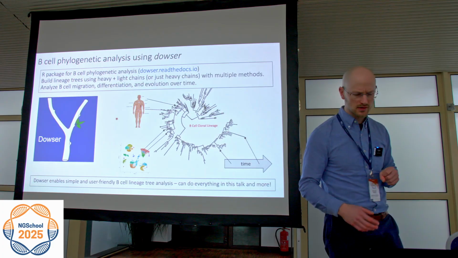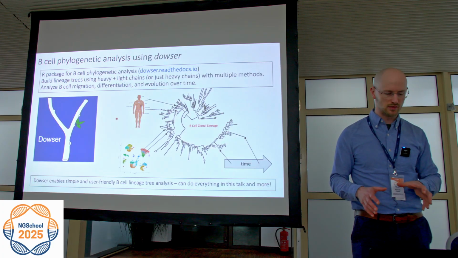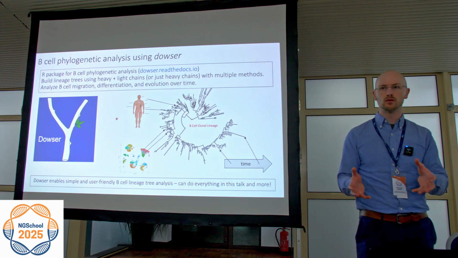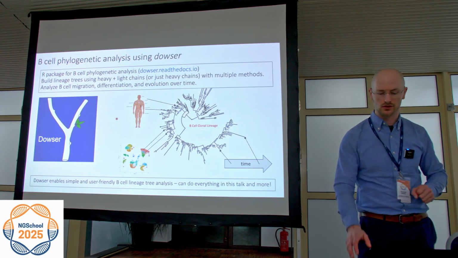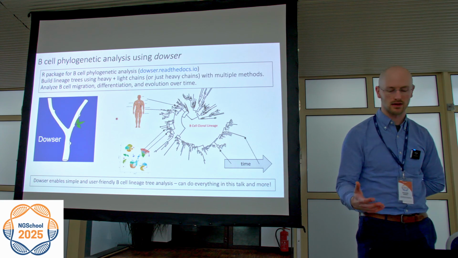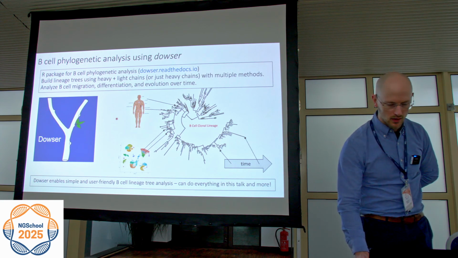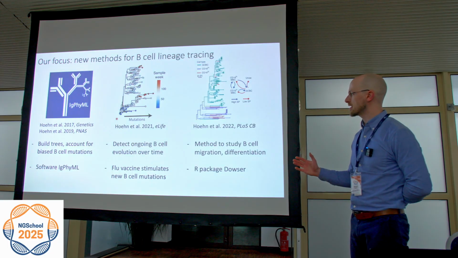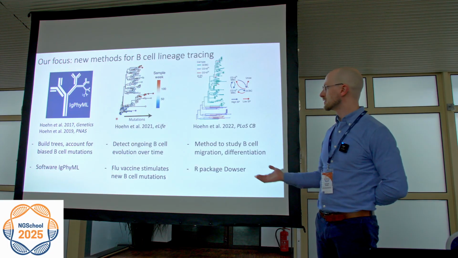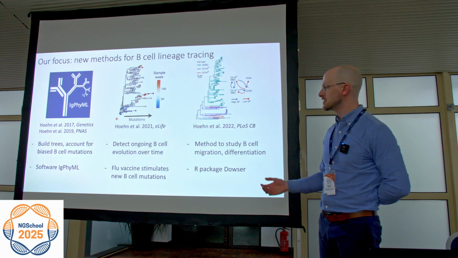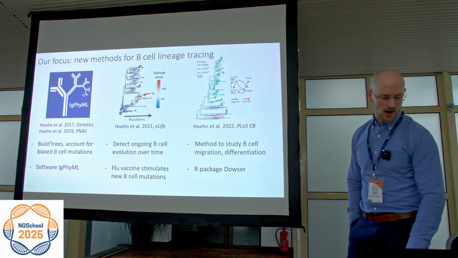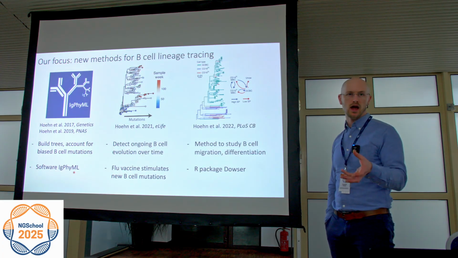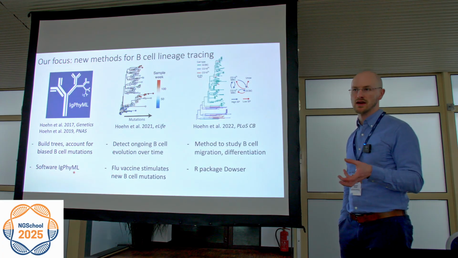And the R package that my lab focuses on specifically is called Dowser, which is a general purpose BCR analysis toolkit for lineage tree analysis. Some of the things that we've focused on within Dowser have been methodological advances for building B-cell lineage trees. So those have been mostly focused on building B-cell lineage trees that account for the unique biases of somatic hypermutation.